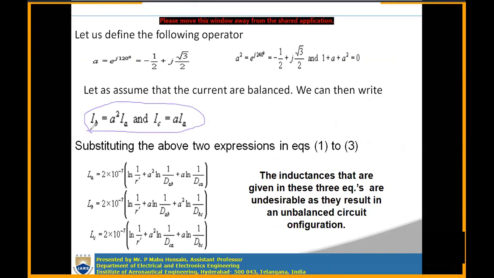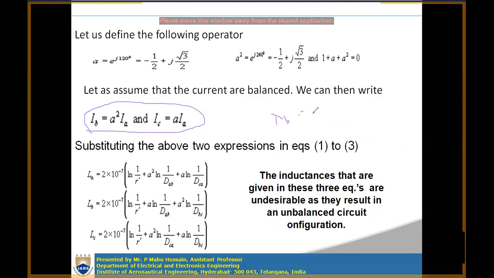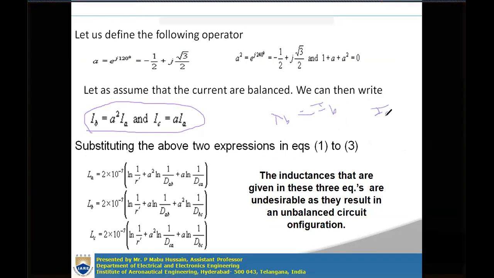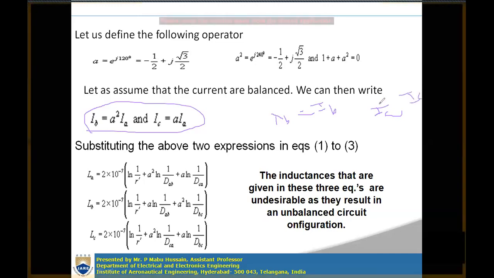Okay, from this IB is equal to A square into IA, IC is equal to A into IA. From these expressions itself, for the second case lambda B, in the lambda B expression you have to keep IB as common, then in place of IA, IC, these two terms should be represented in terms of IB.